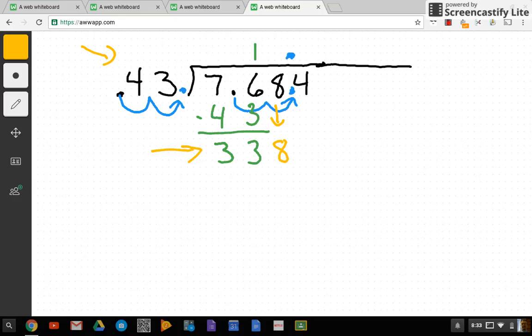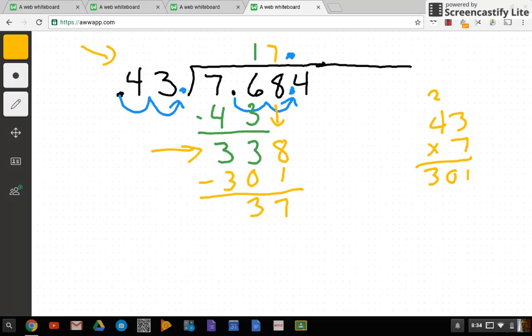But I have to remember that I'm also multiplying it by a 3, and that's going to do some regrouping. So I'm only going to try 43 times 7. So there's 21, 28, and 30. So 301, yeah, it's going to work perfectly. So it goes in 7 times, which gives me 301 here.